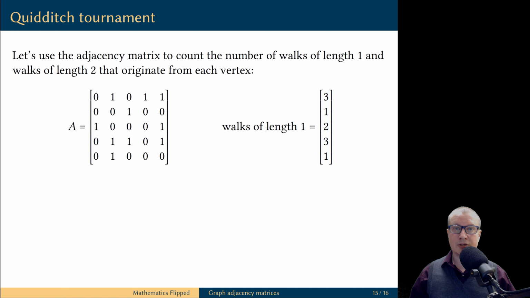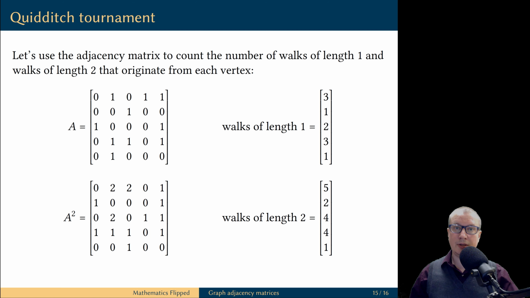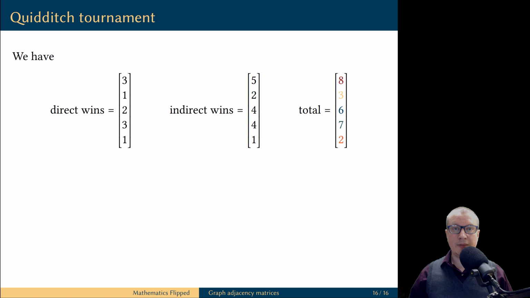But now, let's also count the number of indirect wins. These are walks of length 2, so we take the square of the adjacency matrix, and to count the number of walks of length 2 that originate at any given vertex, we simply add up the entries in the corresponding row. So, we take the number of direct wins for each team, we take the total number of indirect wins for each team, and we add them up.